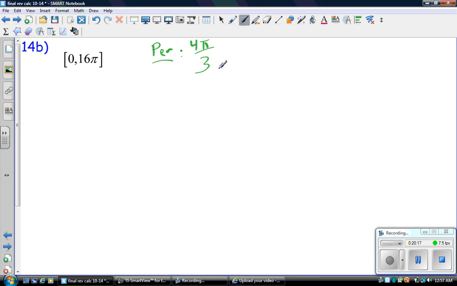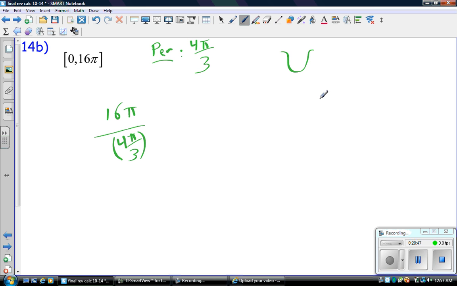That's how long it takes to complete one cosine cycle. I want to know how many of those happen in 16 pi. I want to know how many times that goes into this. In math, we call that division. I want to know how many times the period goes into this entire length.